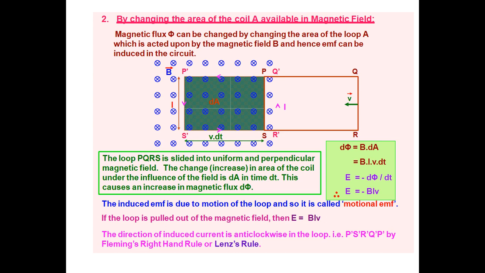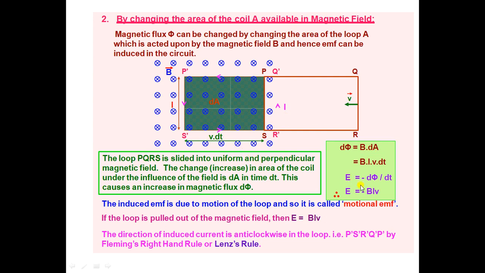We can take dA as L into V into dt, because this length is L and this is V dt. So the area of this rectangle is length into breadth, where length is L and breadth is V dt. So d phi is equal to B L V dt.